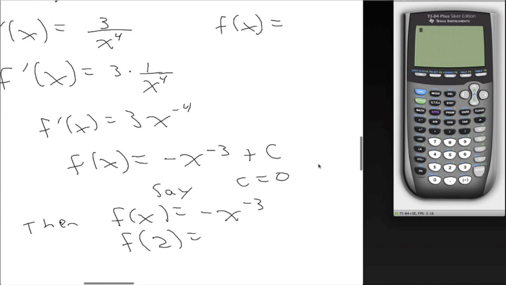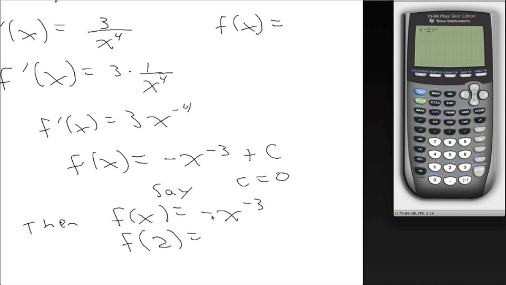I'm typing in a negative sign, parentheses 2. Wait, sorry. Parentheses, negative 2, raised to parentheses, negative 3. Like this? Yep. Okay, that turns out to be incorrect here.